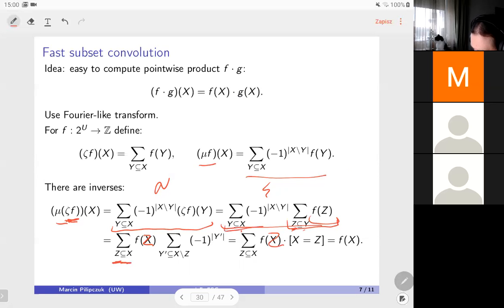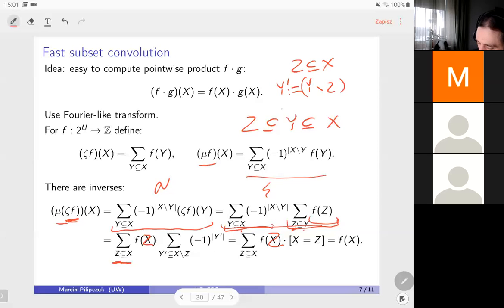And now what's really happening here? Well, I have a chain here. I've got x, I'm summing over all y's inside, and I'm summing over all z's inside. So what I'm really doing here is iterating over all z's inside x, and then iterating over all y primes being y minus z.